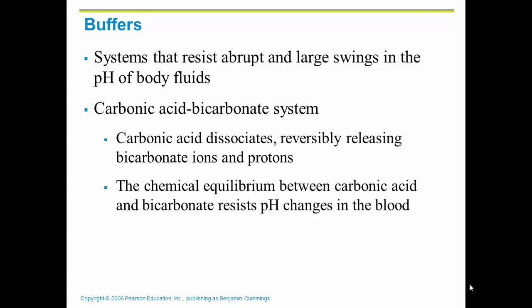And the buffer system in our body that is the most important is called the carbonic acid bicarbonate system. And I'm going to actually give you the chemical reaction for this in class, and then we will perform a lab that is going to make more sense of this concept.